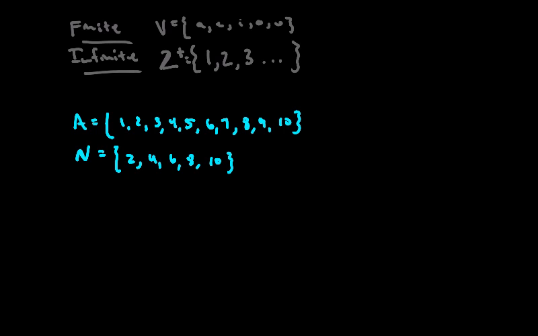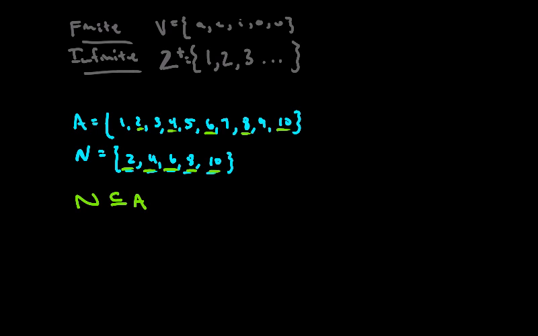In this case, I can look and I can see that everything that is in N is also in A. So 2, 4, 6, 8, 10. Everything in N is also in A. Now, if this is the case, then I can say that set N is a subset of A.